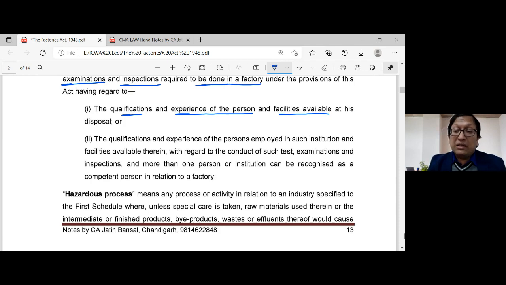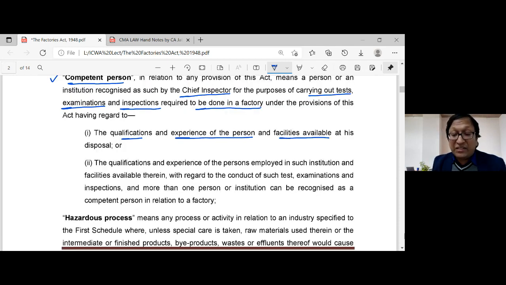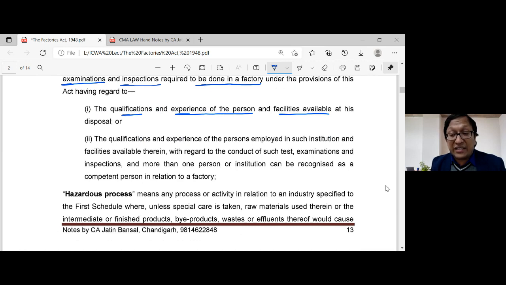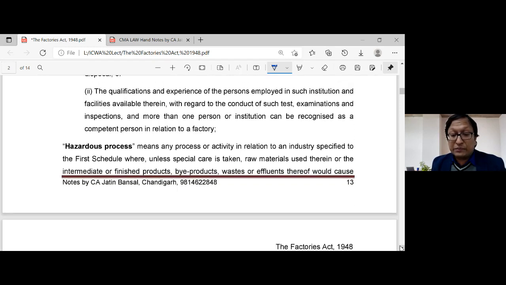So these people can check the qualification and experience of the persons employed in such institution, and the facilities available therein with regard to the conduct of tests and examinations. The act has provided provisions for that also.